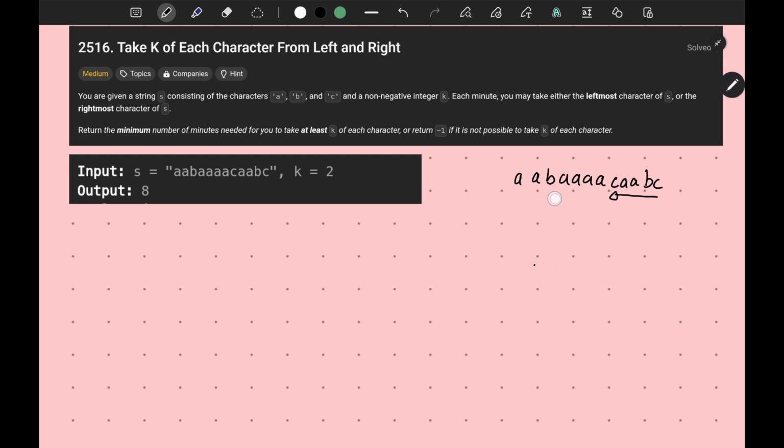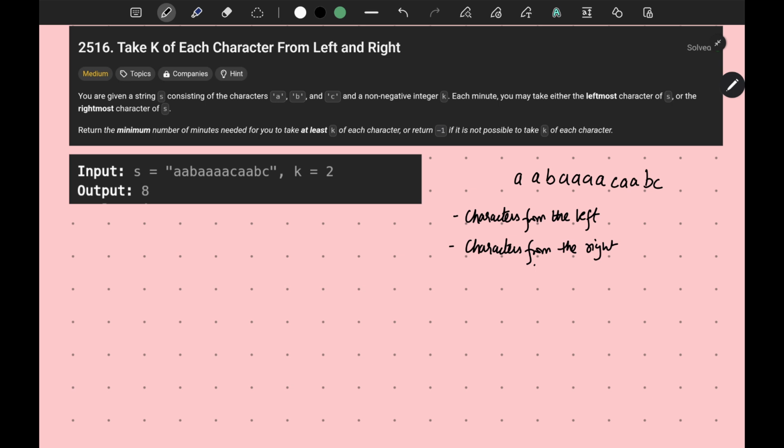Now how to approach this problem? So we have two things. We can take characters from the left side and characters from the right side, and we can't take any character from in between.